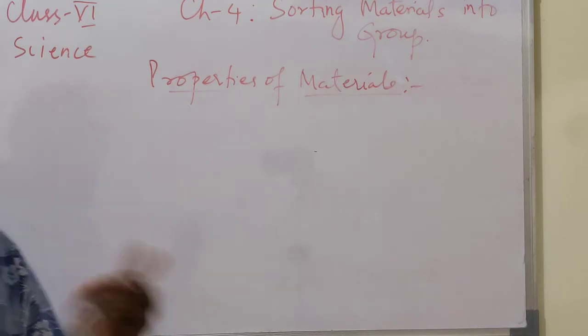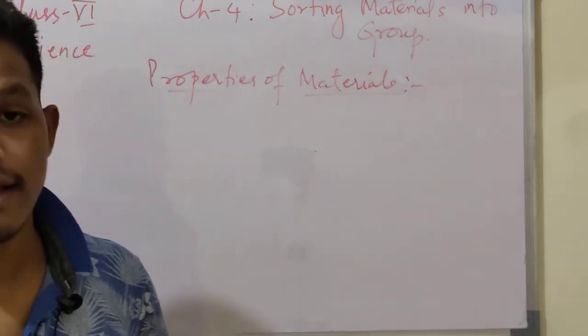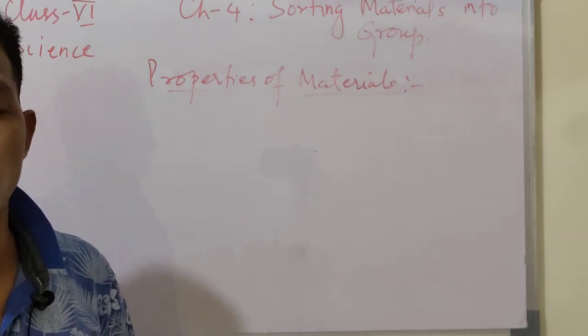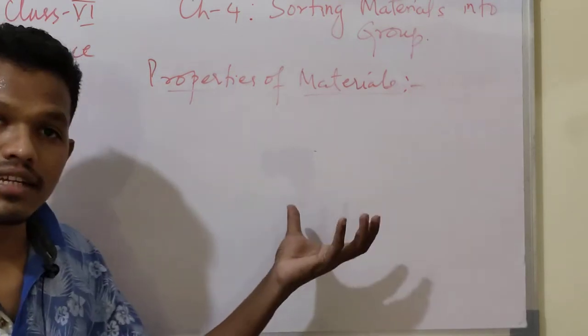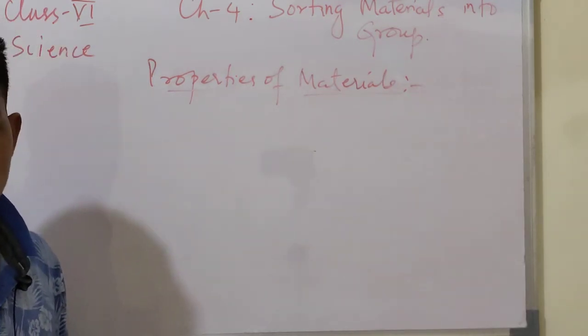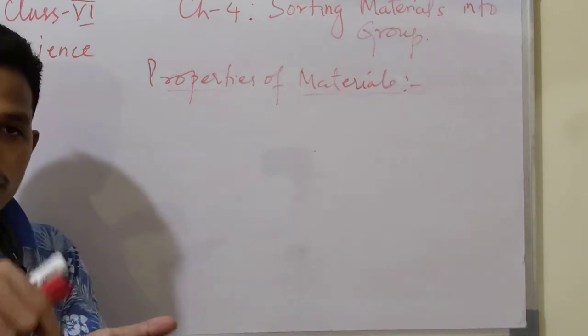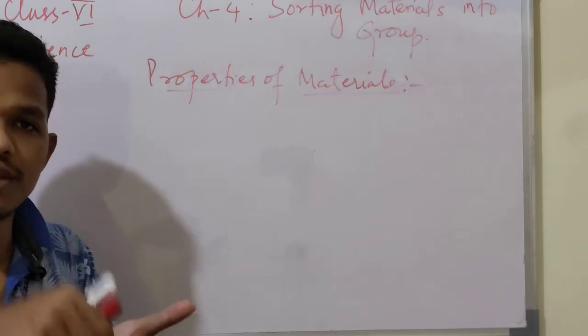If we were to make a tumbler or glass out of cloth, what would happen? Can it store liquid? No, because the cloth has pores, so the water may easily seep through it.